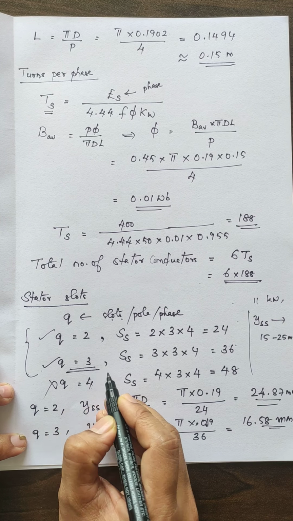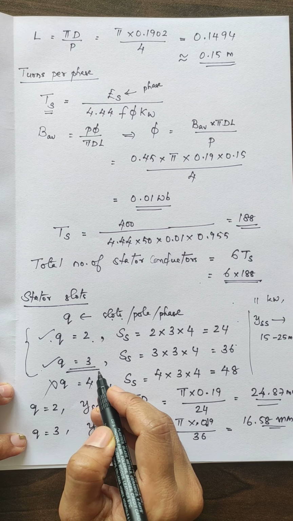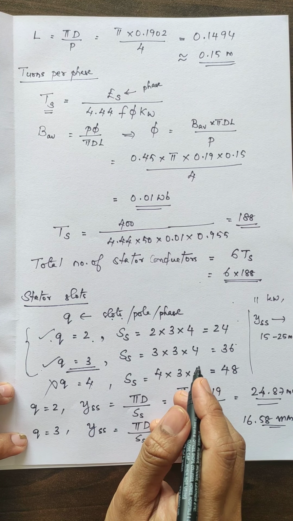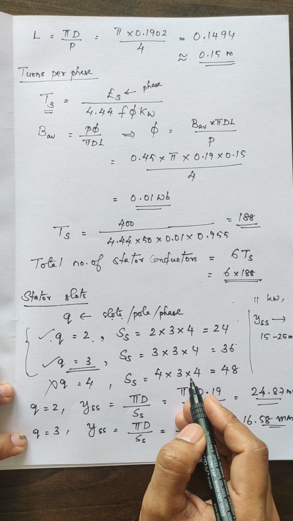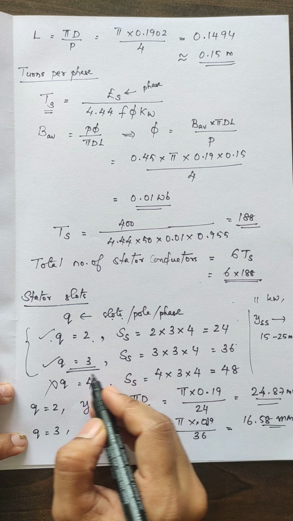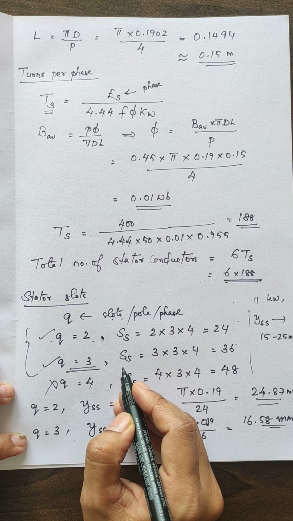Always keep in mind that if Q equal to 2 and Q equal to 3 are both possible, it is better to choose Q equal to 3. In most of the problems, Q is taken as 3. If you go through different problems, you can see that in most cases the value of Q is taken as 3.